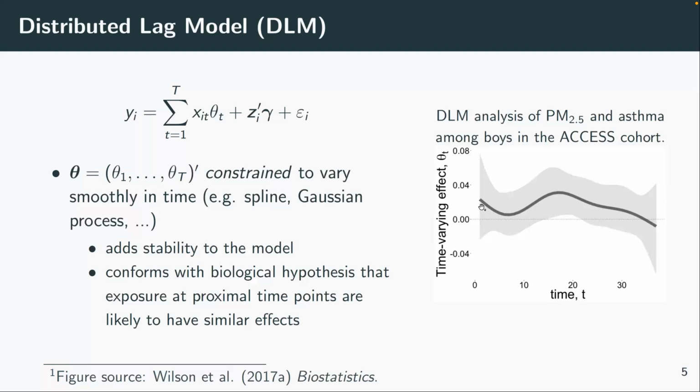So we fit this model and we get something that looks like this over here. This is just an example I had around from an analysis we did of the ACCESS birth cohort, a Boston area birth cohort based out of Mount Sinai. This shows a DLM fit to a group of boys where the outcome was asthma around age 3.